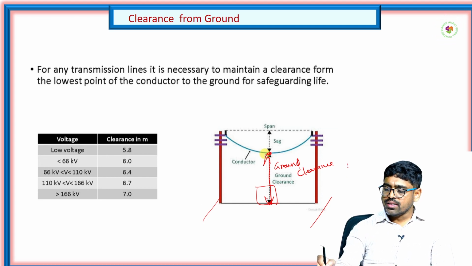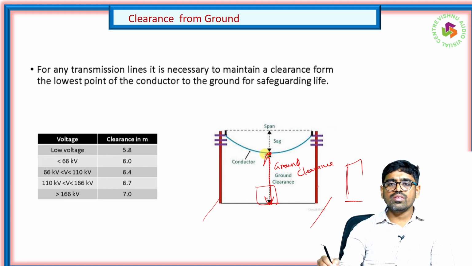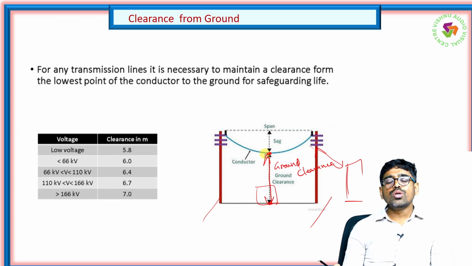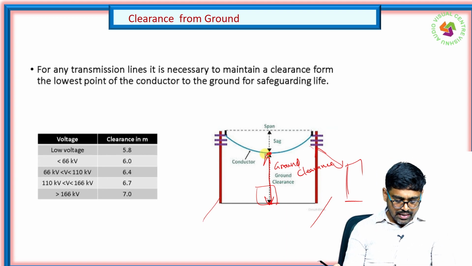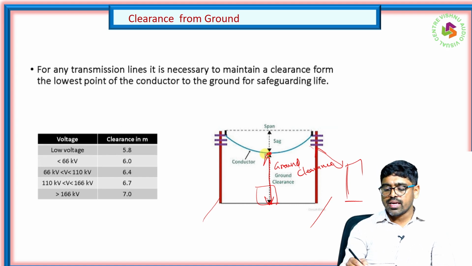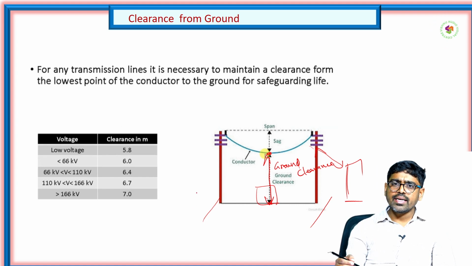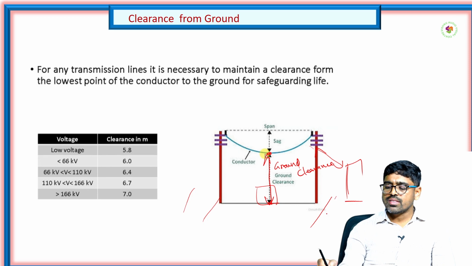And if you are constructing a building at the side of this tower, then also you require clearance with respect to the transmission line. They give guidelines, and based on the guidelines, for the land required for the erection of this transmission line, during the erection itself they take the clearance from the landowners.